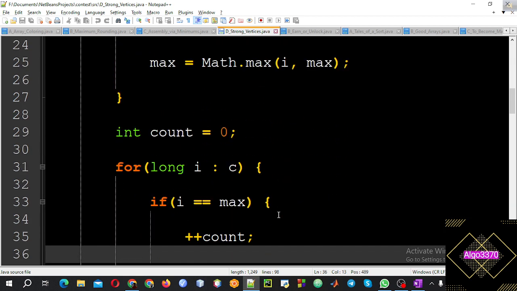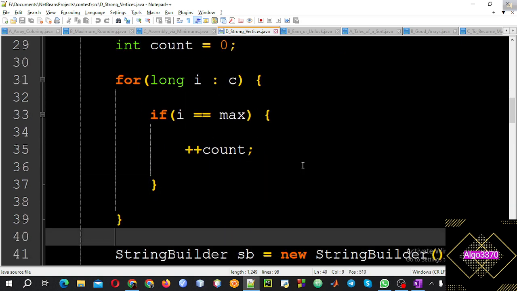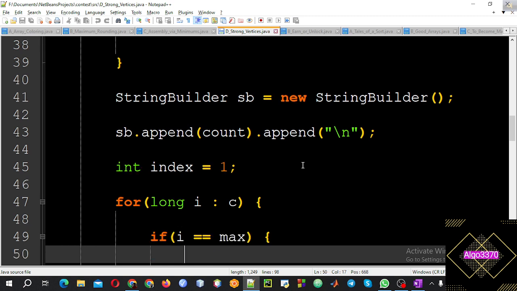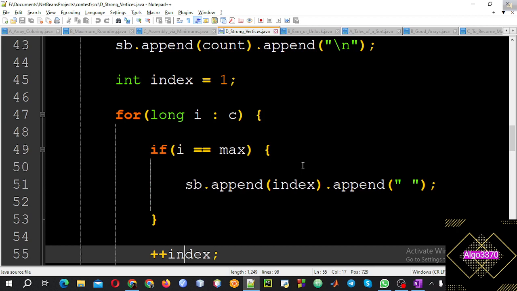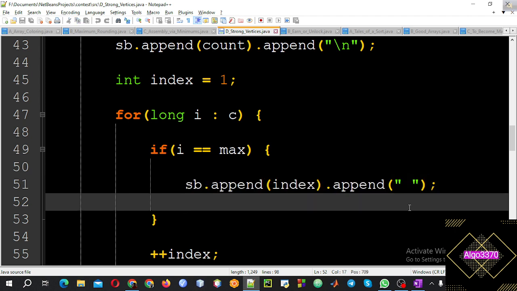Just find the indexes where I is equal to the max, and collect the indexes in another storage.